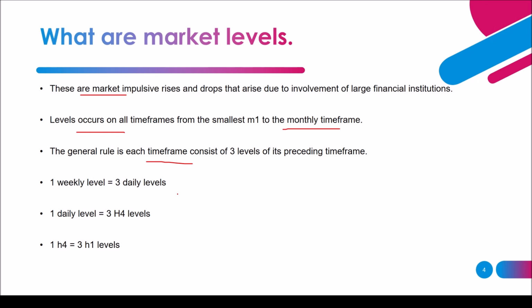To simplify, one weekly level is made up of 3 daily levels. One daily level is made up of 3 H4 levels, and one H4 level is made up of 3 H1 levels. It all cascades down, so one H1 level is made up of 3 M15 levels.